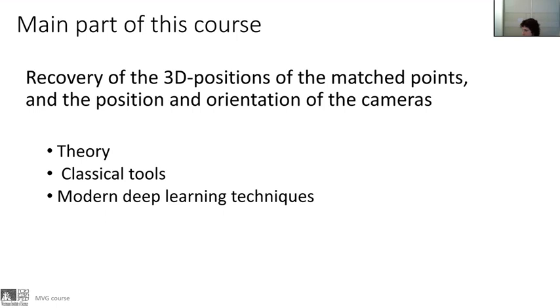My question is, how do you represent the model? The model is represented by the 3D positions of points, like you saw before. This is the way to represent the model. The sparse reconstruction is a set of 3D points. The final reconstruction is usually a mesh. Is that what you asked? Okay, thanks. Okay, no problem.